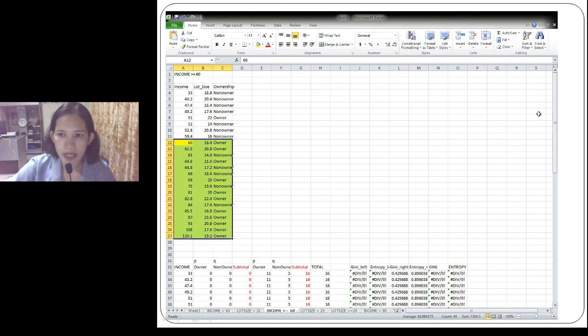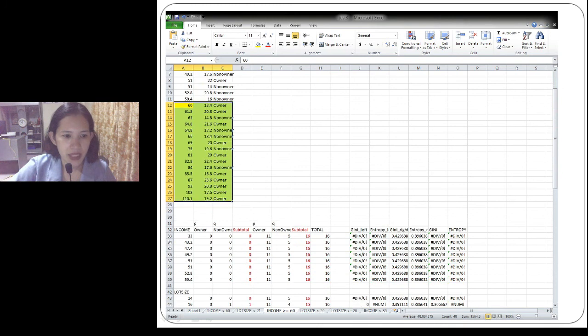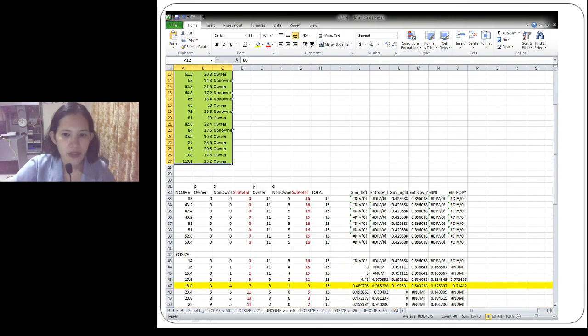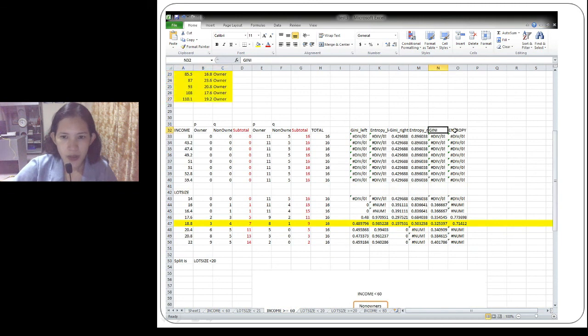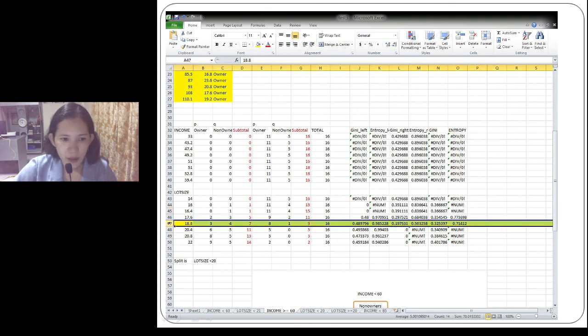So we again copy the values of the income and the lot size, and then we find their GINI and entropy. We found out here that the next split will be lot size is less than 20.